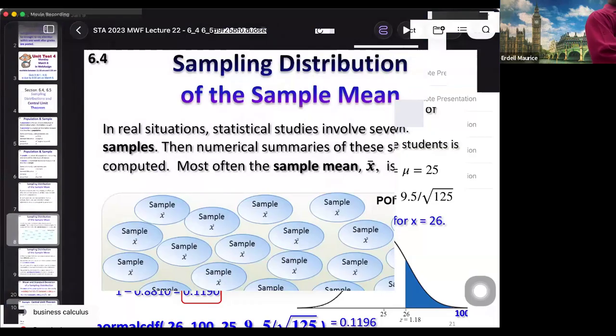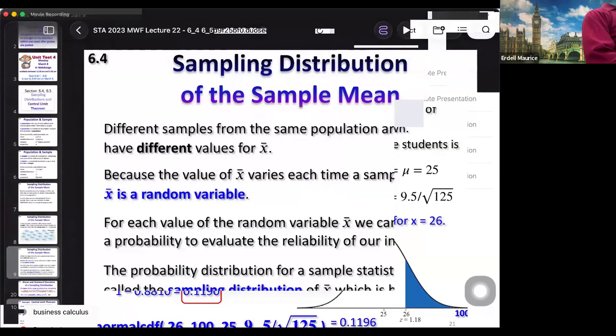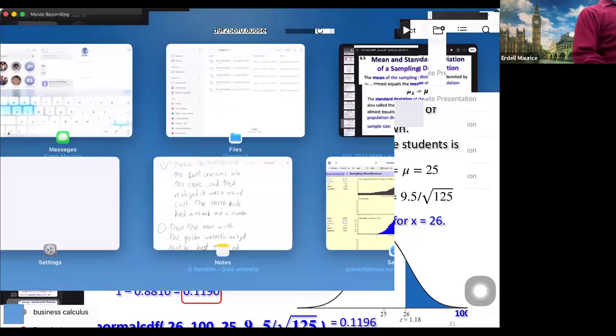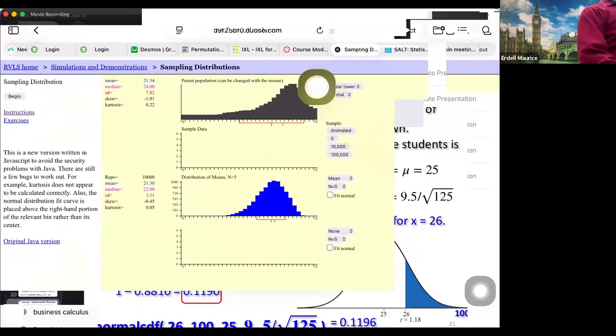If you want to understand how those means behave, they follow a simple rule: the mean of the sampling distribution is the same as the mean of the underlying distribution. Let me show it to you this way. See, the mean for this distribution is right here. The mean for your underlying distribution is going to be the same.